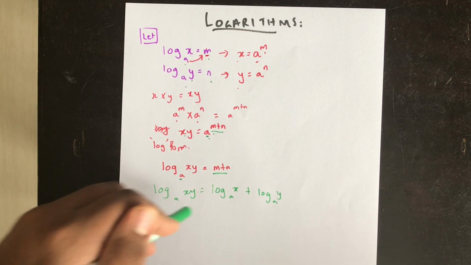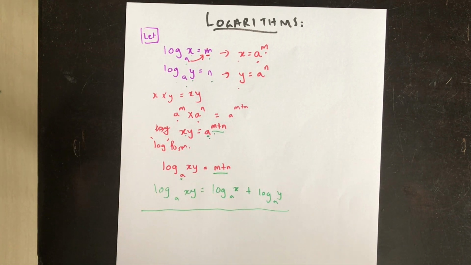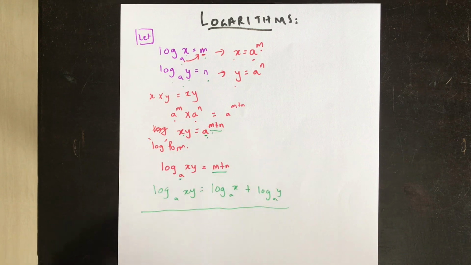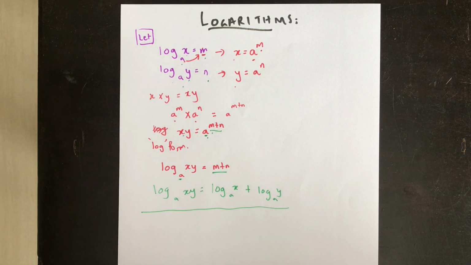This is a formula you need to remember. So this is one of the properties of logarithms, and the derivation is here. So it's best if you understand the derivation so that you really won't have to cram it. So basically I've just substituted some values, and from there I was able to get this.